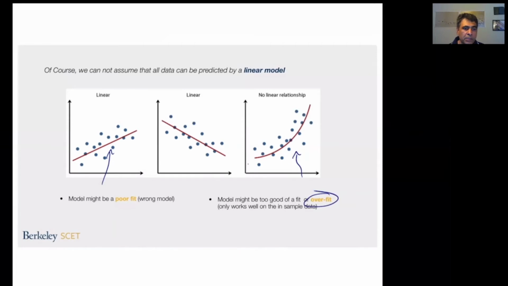The basic trade-off is you might use a rough model, like a line, and that might work fine, or you might use a very complicated model that fits data in all kinds of very odd or unique ways, but then there's a chance that you've fit it too much and that it won't work when new data comes about. It won't work for predicting data that you haven't seen so far.